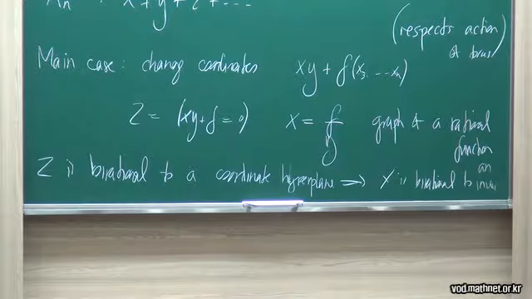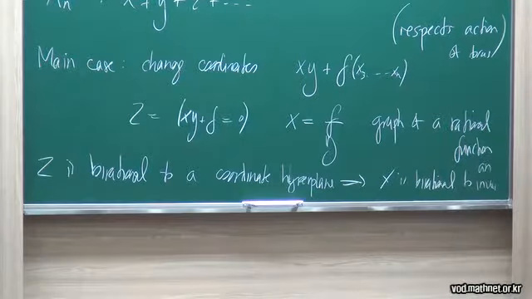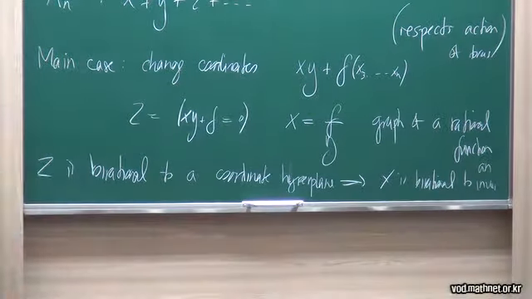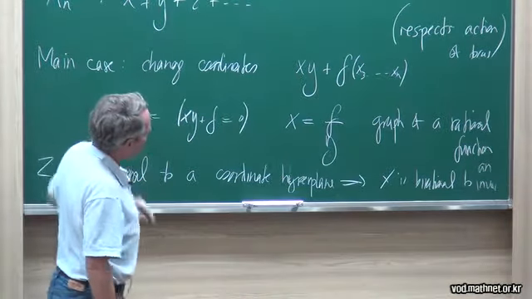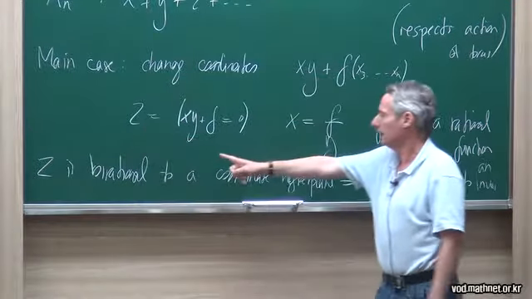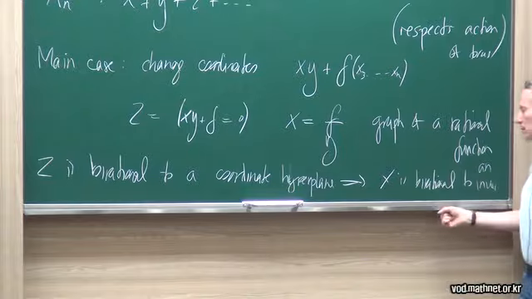Because I don't know any other way in general to show that something is rational apart from projection. But the sort of trick here is that you don't project X so much as you project in the Cox ring. You use the Cox ring to project. You project this down to a coordinate hyperplane, then you take a GIT quotient, then you take a torus quotient.